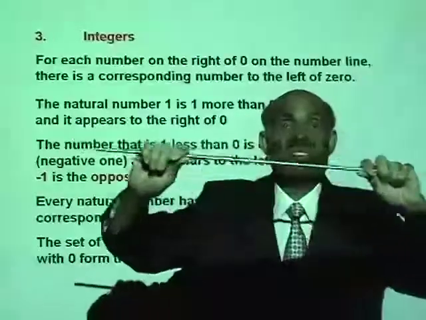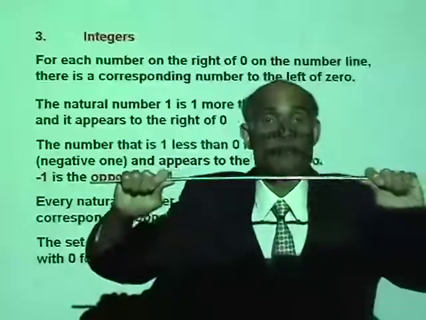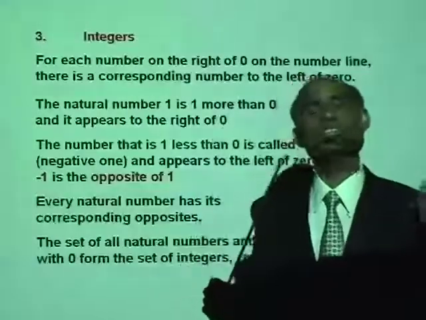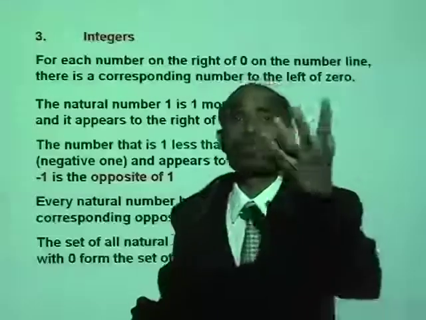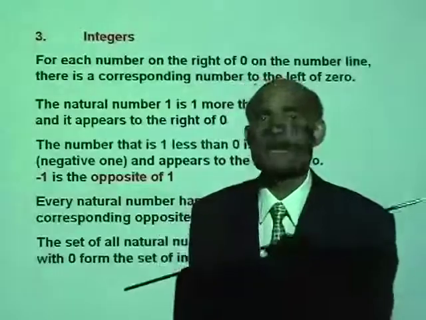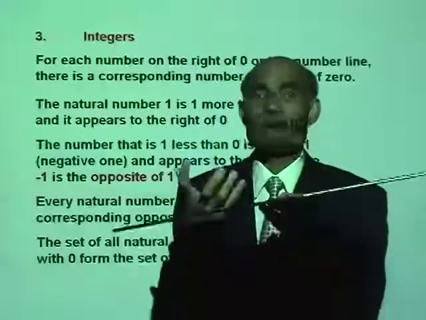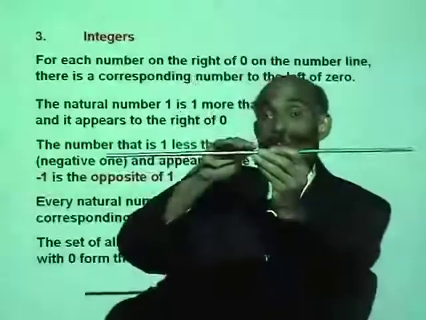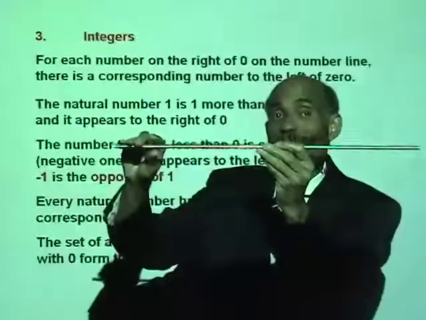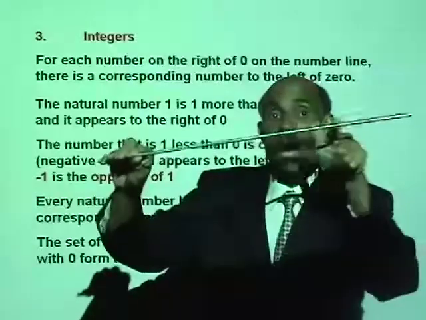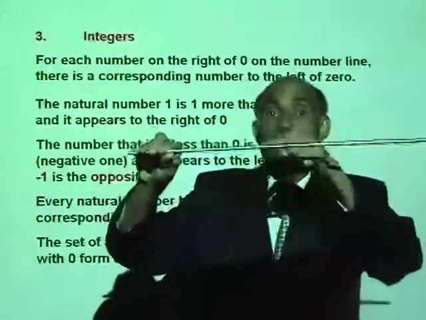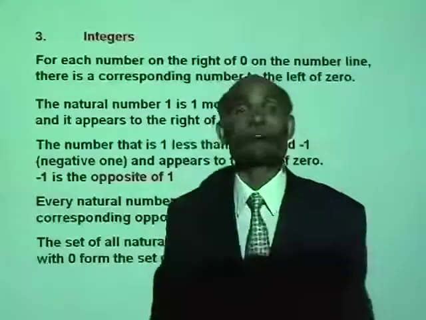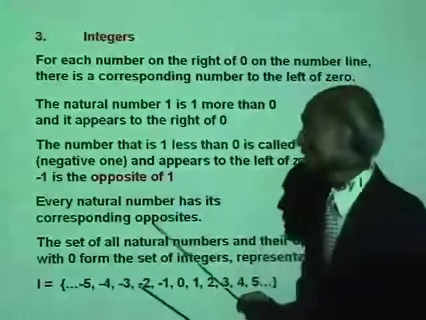That is the set of integers. So, if I ask you to give me a definition of the set of integers, what would that be? Try giving me a definition. Integers is the set of all natural numbers along with their opposites and 0. You see, all those together make up the set of integers.